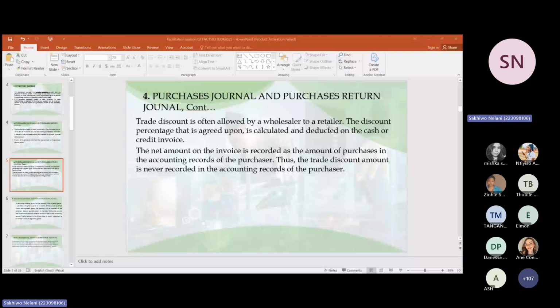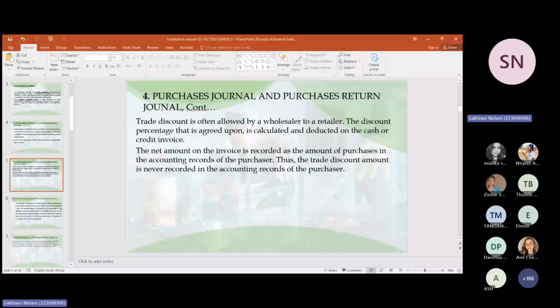So we have not yet reached the slide where I'll be able to articulate more on when it's you that is offering a discount to the customer. But I just want to give a practical example so that you can easily recognize at what stage we have lost and at what stage we have gained. So I'm happy with the clarity that has been provided at the present moment.